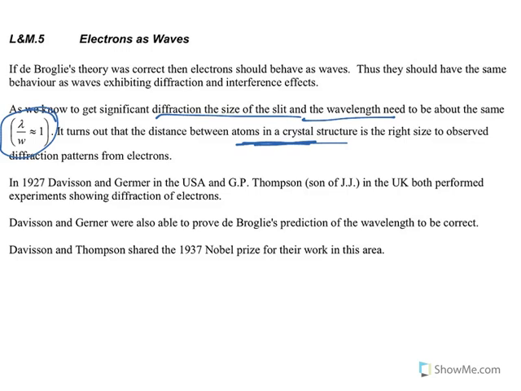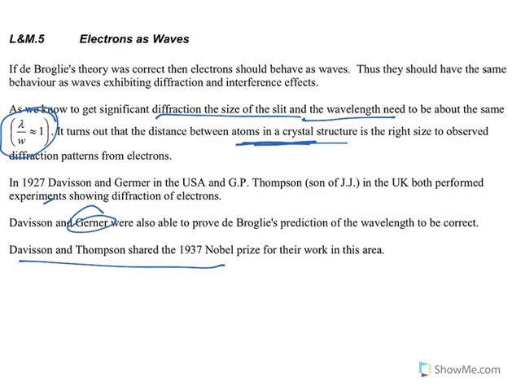Over the years a few different people did this. In 1927, Davisson and Germer, and G.P. Thomson, J.J. Thomson's son, performed experiments showing diffraction. Davisson and Germer also looked at the wavelength, and they found that it was correct. In 1937, these people got a Nobel Prize.